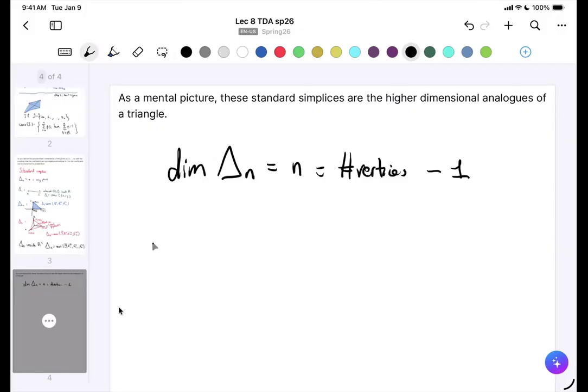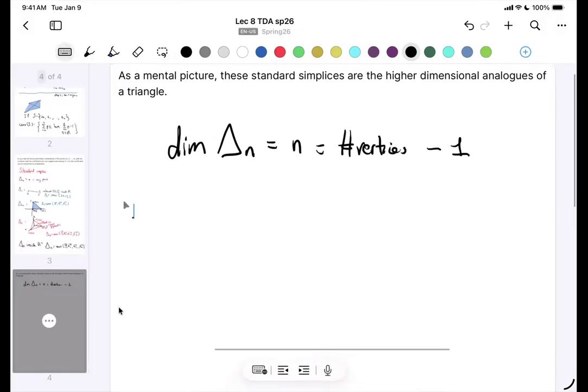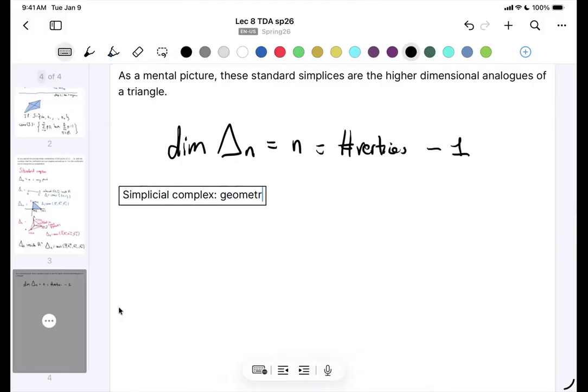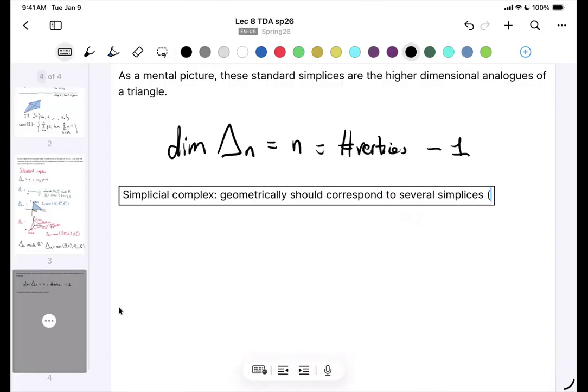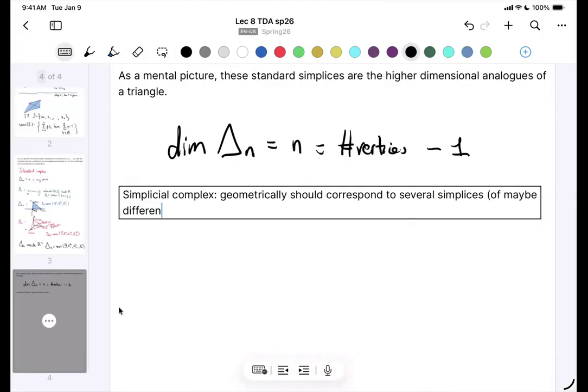But at an intuitive level, a simplicial complex should geometrically correspond to several simplices, of maybe different dimensions, glued together in some way.